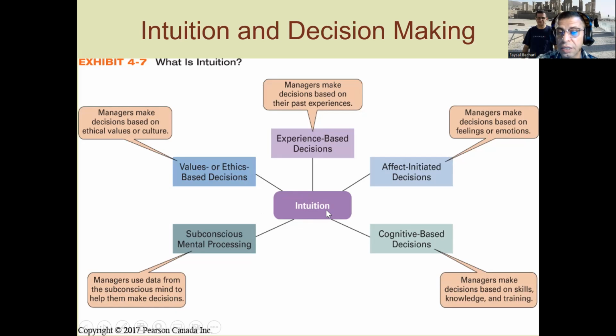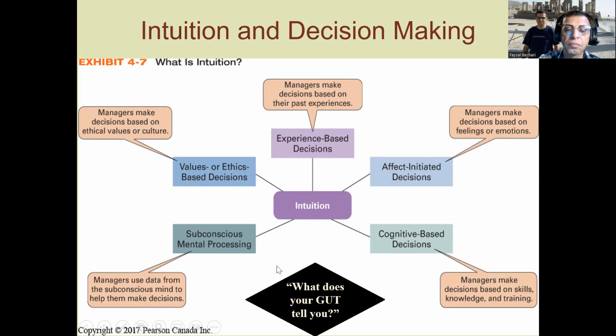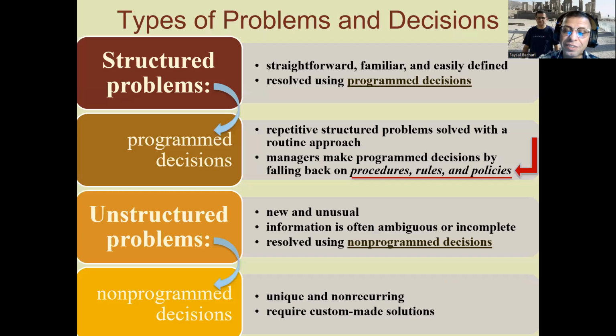That influences the intuition. And the last is value or ethics-based decision, where the manager makes the decision based on ethical or cultural values. So the question: what does your gut tell you, or intuition, in a way?